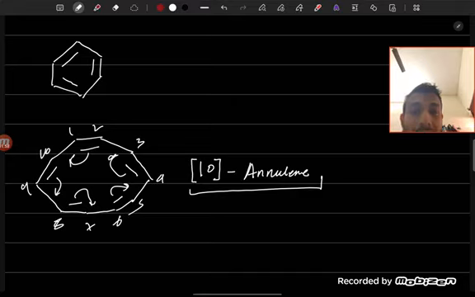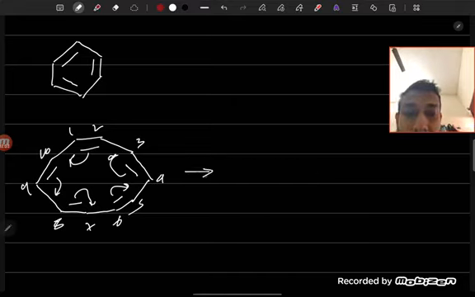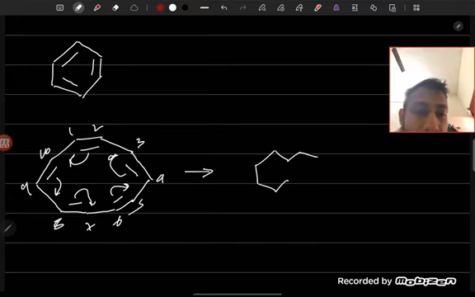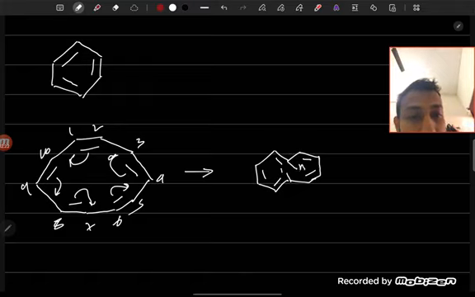So what it does, it just gets bent and redefines its shape in such a way that it forms a semi benzene ring, but still they are not aromatic. The reason behind this is that they have two hydrogen atoms here.